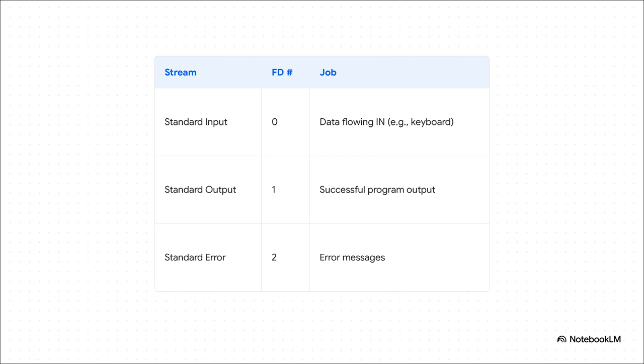That's data flowing into your program, like from your keyboard. Then there's ticket number 1, standard output, or STDOUT. This is where all the successful results of your command go. And finally, ticket number 2 is standard error, STDERR. That's a special channel just for error messages. Seriously, remembering these 3 numbers, 0, 1, and 2, is the key to unlocking everything else.